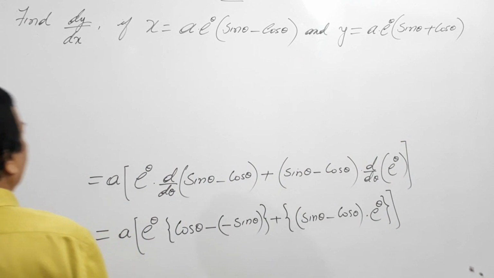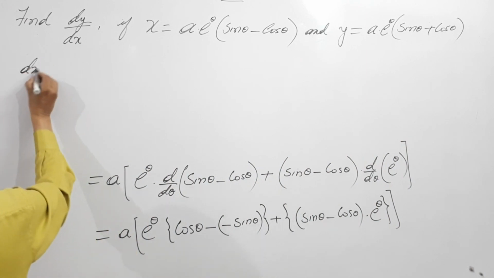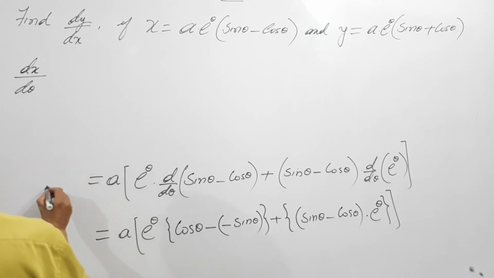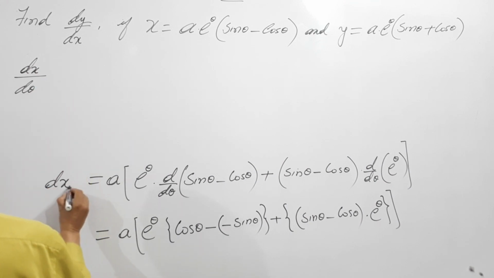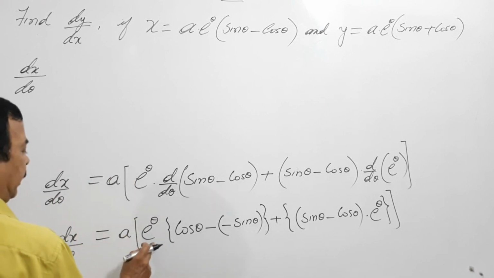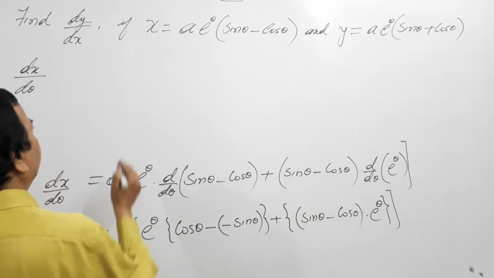So now, what happens here? This is dx by d theta on the left hand side. So I will write this dx by d theta. I will take e to the power of theta outside, since it is common to both.